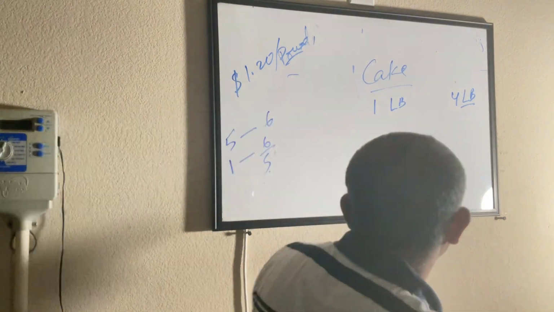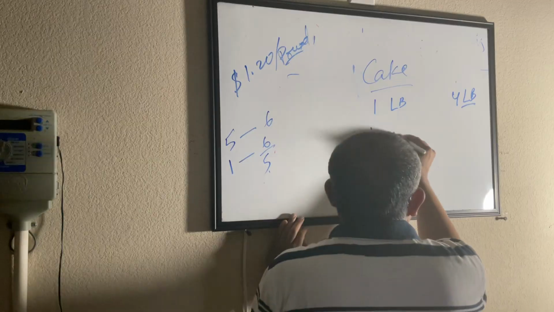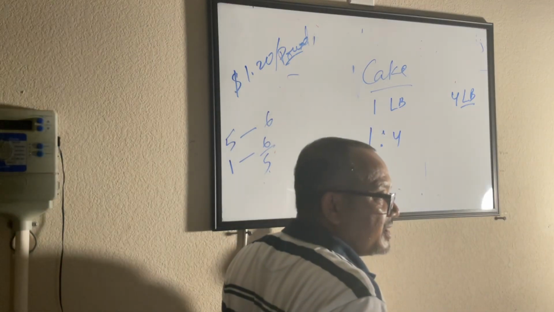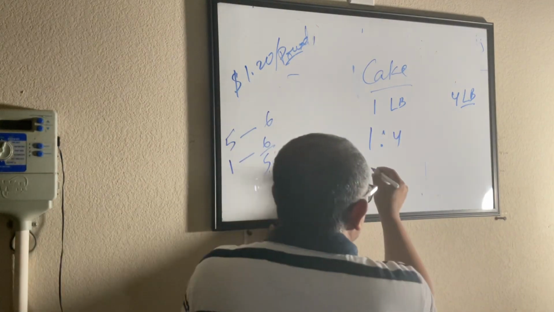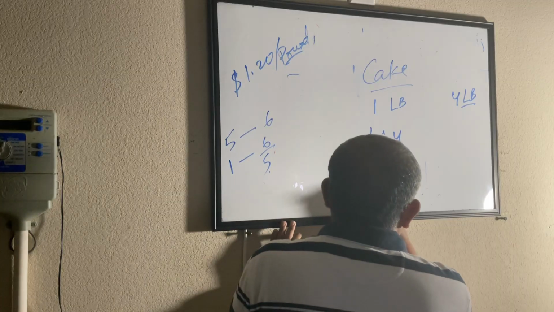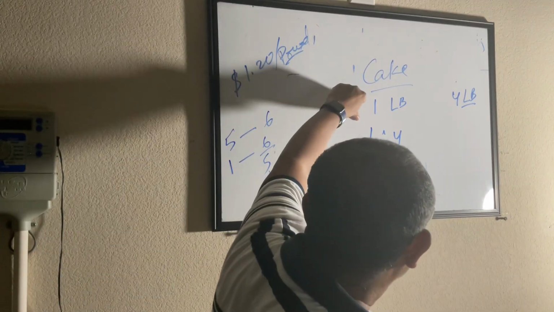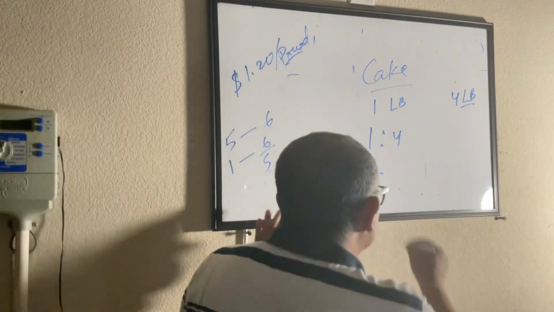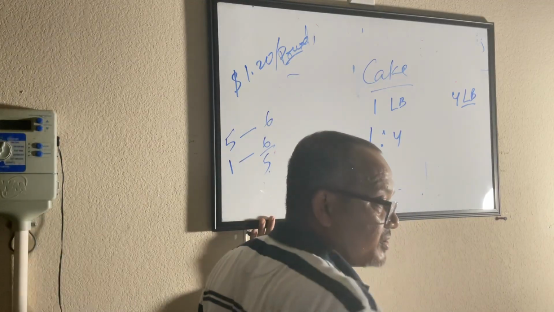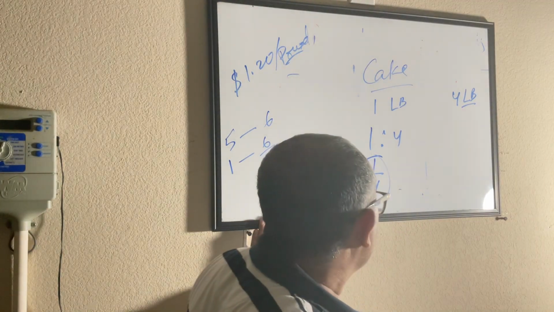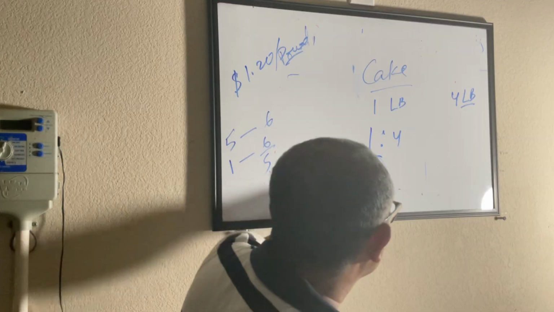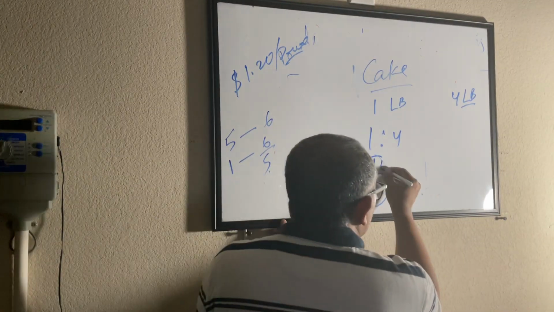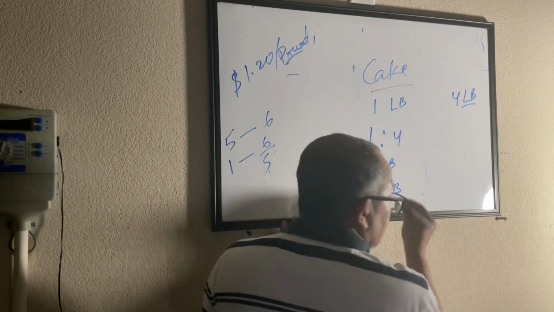So the ratio is 1:4. When you converted this into a rate or fraction, you said, okay, they are mixed in this proportion, 1/4. So far the unit of measurement was the same, pound and pound.